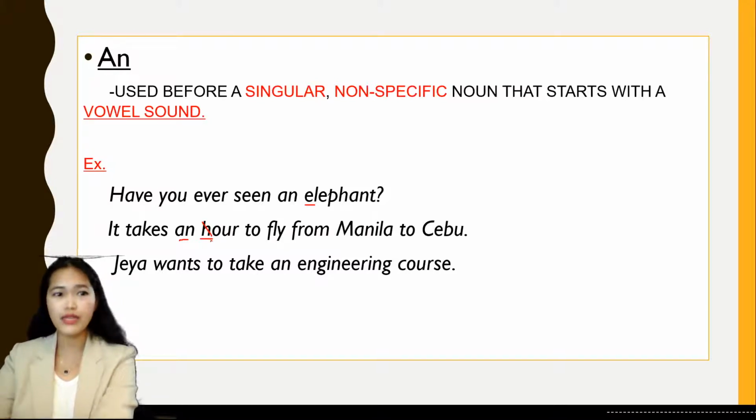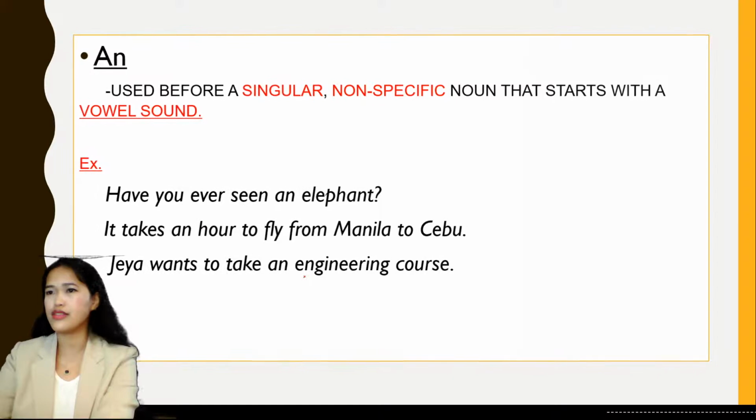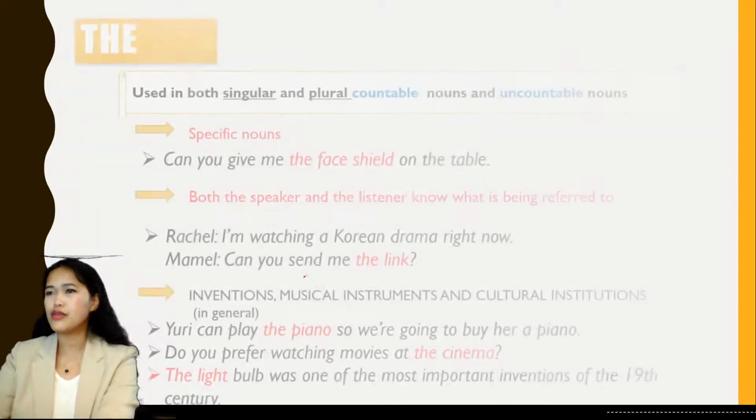It's not power, but hour. Okay? It takes an hour to fly from Manila to Cebu. Let's go on. Jaya wants to take an engineering course. Well, it's just the same with the elephant, right? Starts with letter E. I hope it is clear and just as I said, I know you're smart.